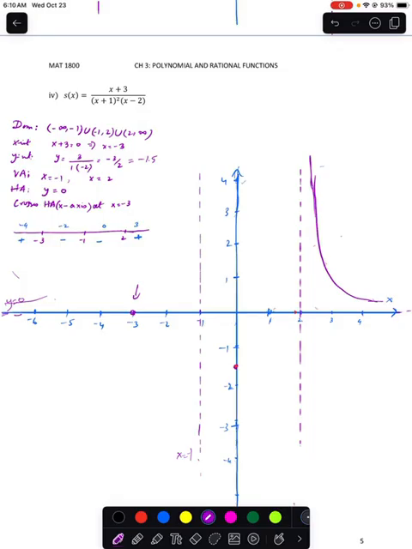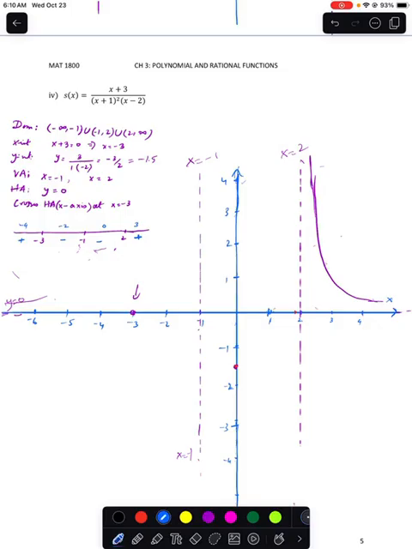Okay, and what about on the left side, left of 2? Well, between the asymptotes at x equals -1 and x equals 2, our graph is below the x-axis because we have a negative sign there. Okay.